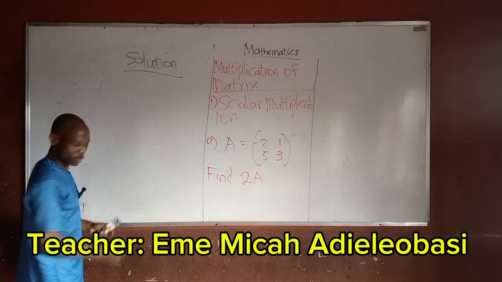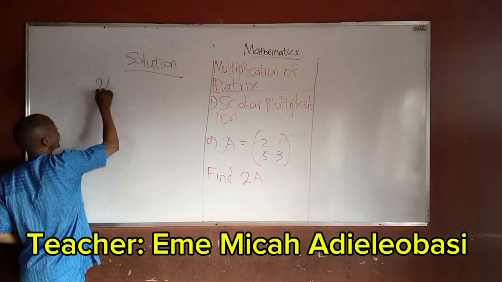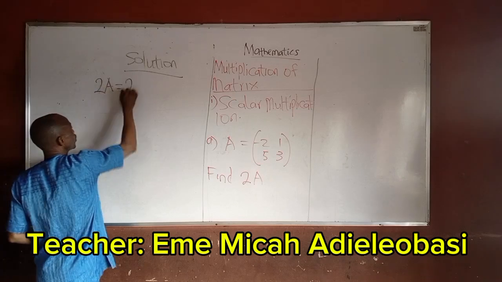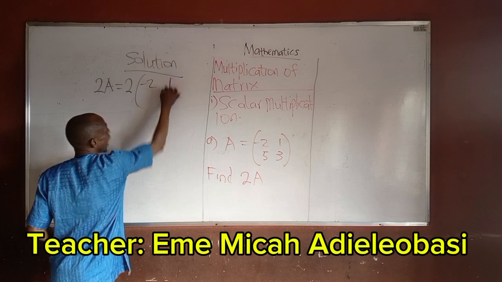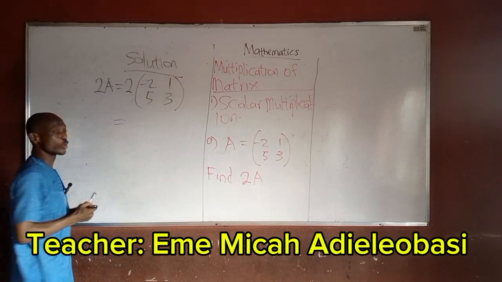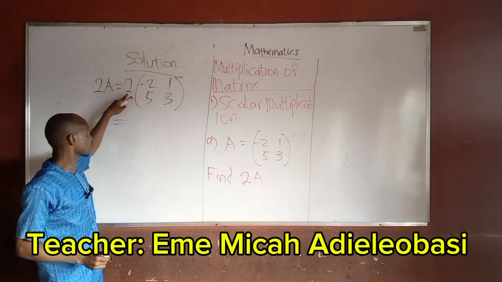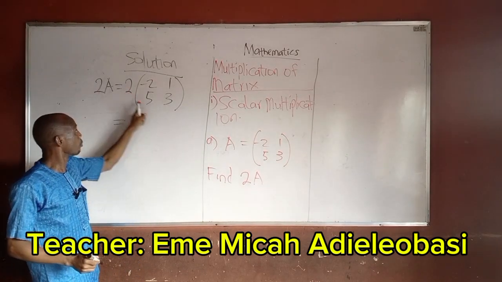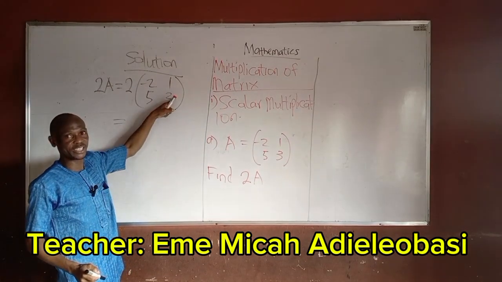Solution. If we are to multiply A by 2, so our 2A giving us what? 2, open bracket, -2, 1, 5, and 3. What do we do in our scalar multiplication? Is for us to use this value 2 to multiply every number, every element inside.